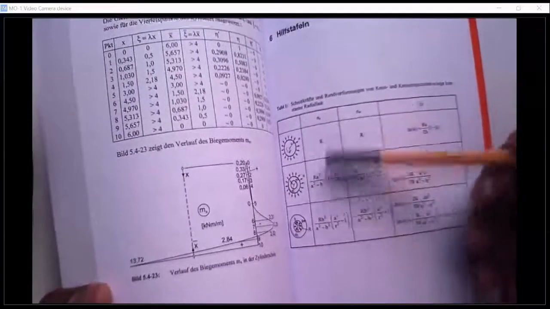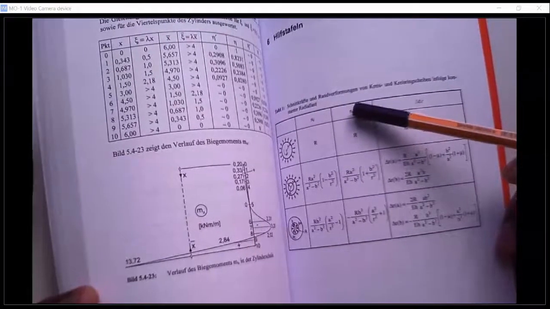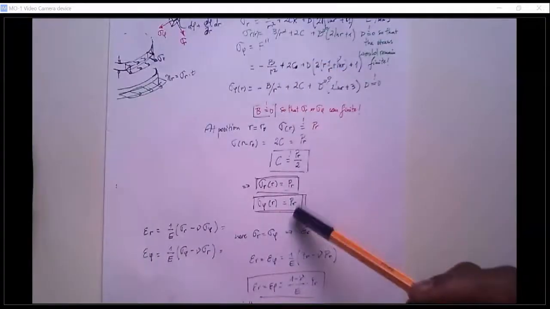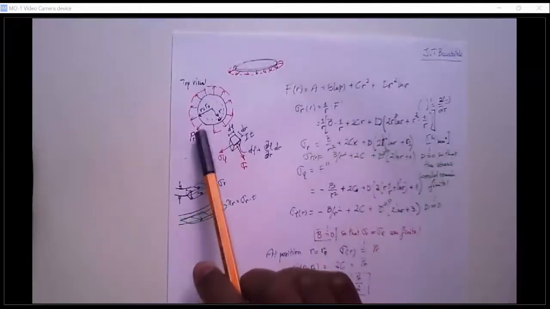Both are equal, and the same goes for the stresses in the circumferential direction. So that's basically correct. That's also what we got here, that our stresses are the same as the external loading.